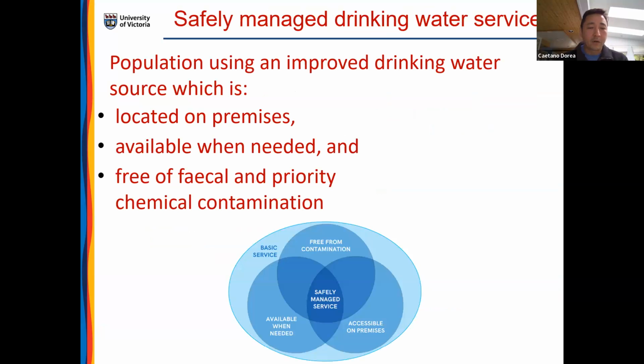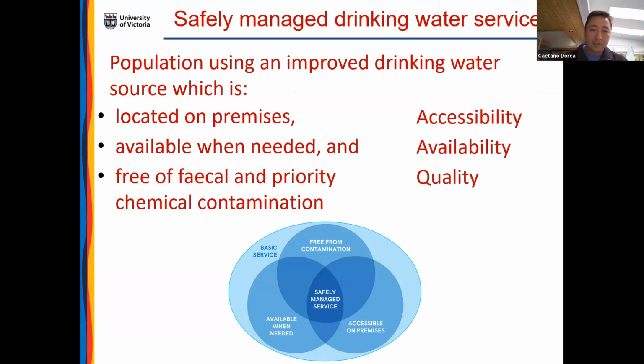What is that? It's an improved drinking water source that is on premise, available when needed, and free from fecal and priority chemical contamination. Those are the 3 criteria of accessibility, availability, and quality. So the safely managed service is where those 3 criteria meet, right?